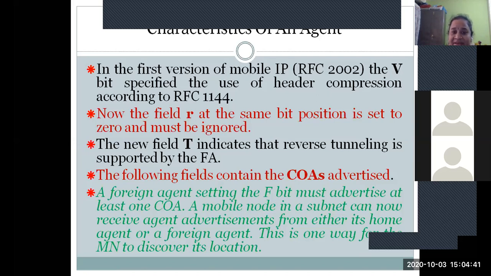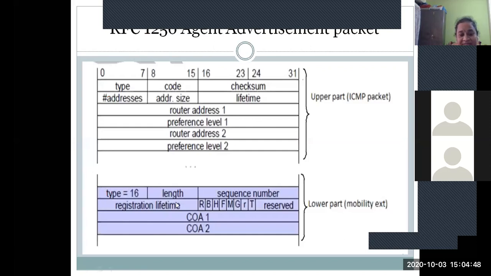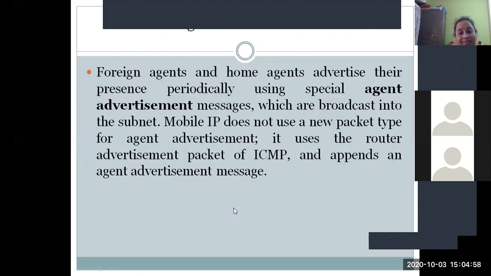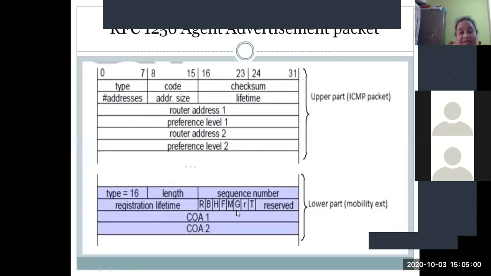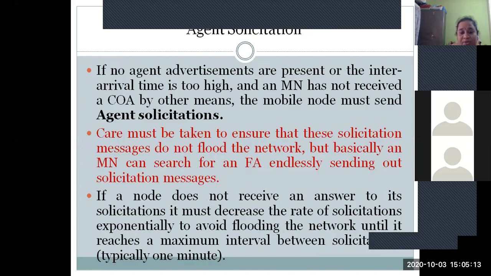This is one of the elements to discover its location, that is, the COA. While advertising the COAs, we have to know what the type is, what the registration lifetime is, what the length is, what the sequence number is, what the R bit is, what B is, the home agent, the foreign agent, at which point M is enabled, at which point G is enabled, R, T is for tunneling, and COA is for the care of address. Whenever the corresponding agent is acting as a foreign agent, it exposes at least one COA, right.